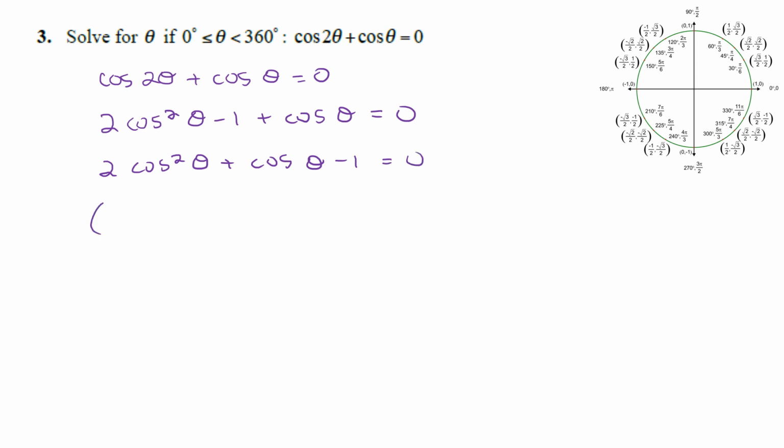And so now I can factor this. 2 cosine theta minus 1, and then cosine theta plus 1. Then set each factor equal to 0.